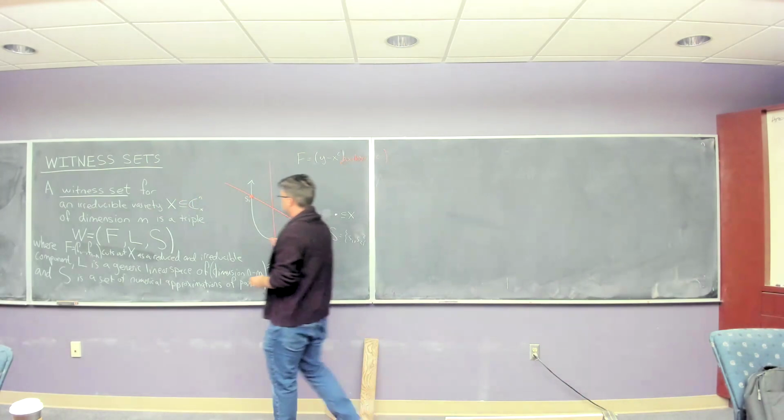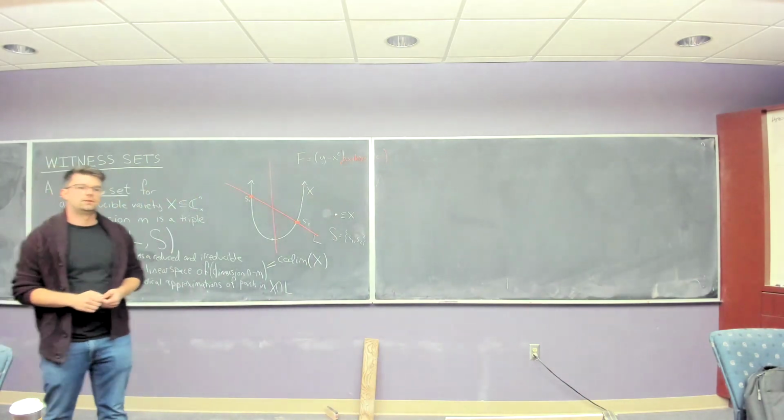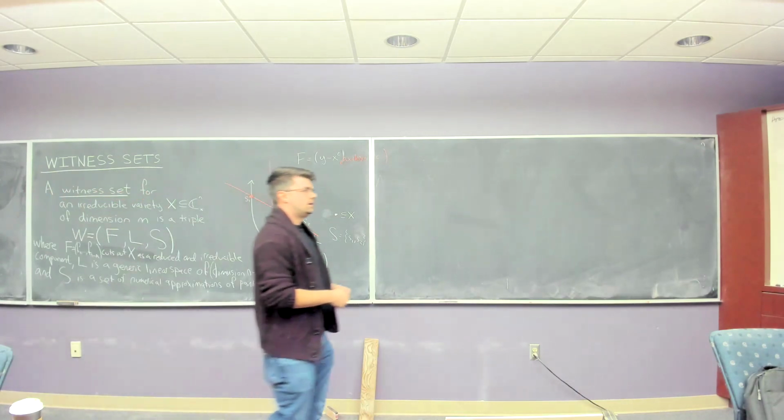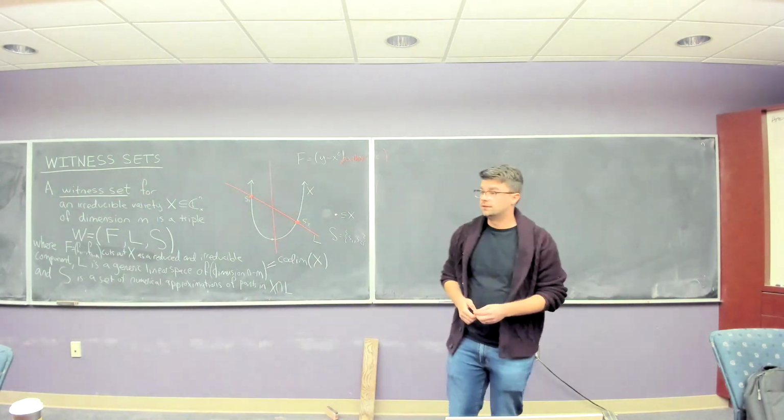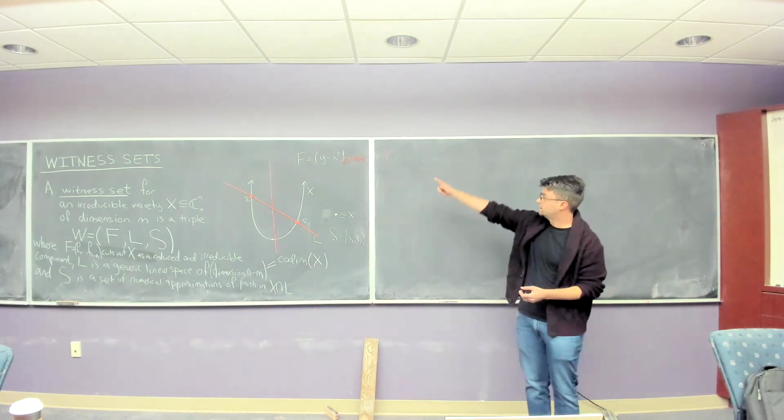So let's think about the problem of setting up a witness set for this parabola. This is a parametrized polynomial system. I've written it as such.